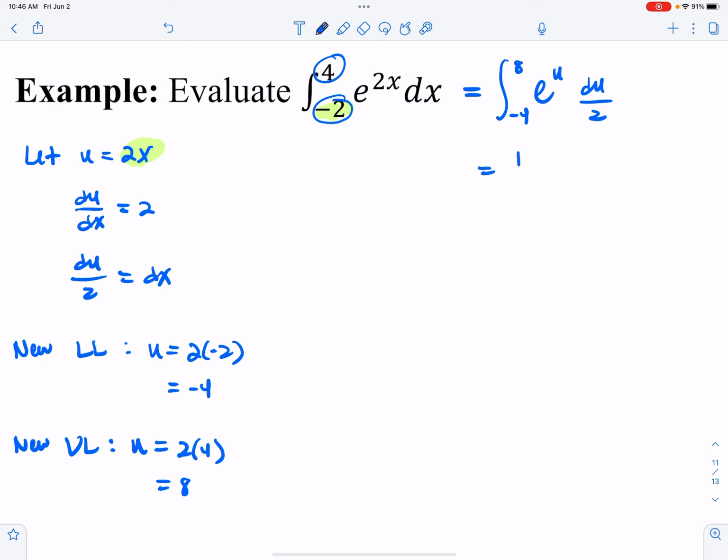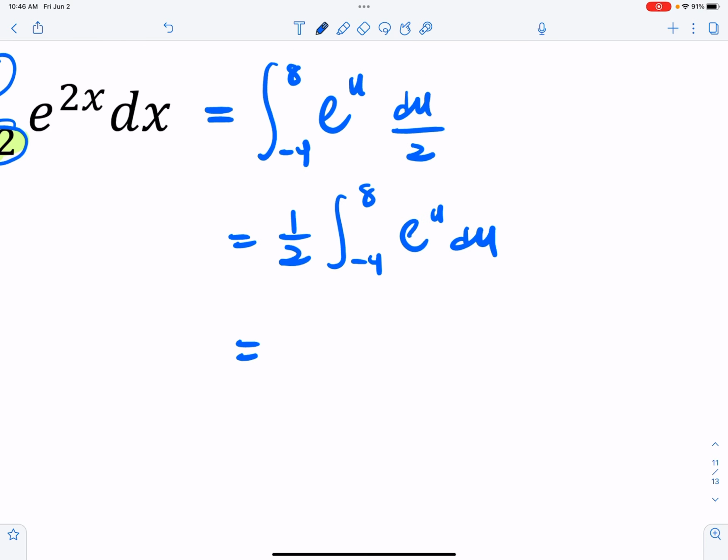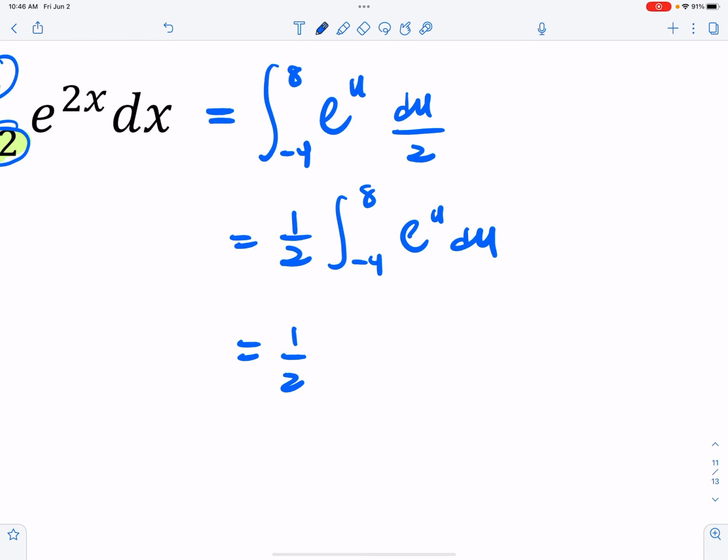And by the constant multiple rule, we can pull the 1/2 out. Then when we integrate e to the u, we'll just get e to the u. We do not need to substitute what we let u equal to back in because we found our new limits of integration.